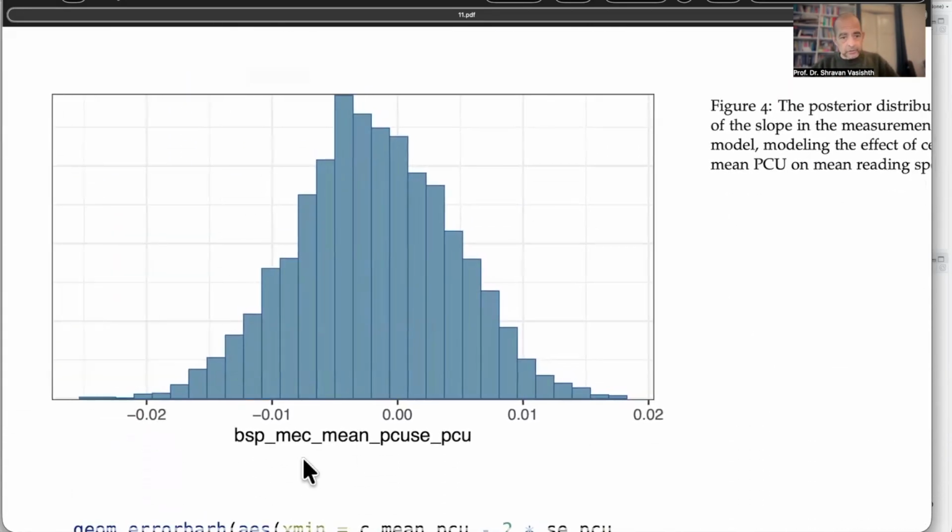Yeah. So if you look at this, the whole distribution has shifted closer to 0. So it was more negative earlier, now it's shifted closer to 0. And the reason for that is the measurement errors on the y and the x. So this is a much more realistic posterior on the effect of PCU on reading speed.